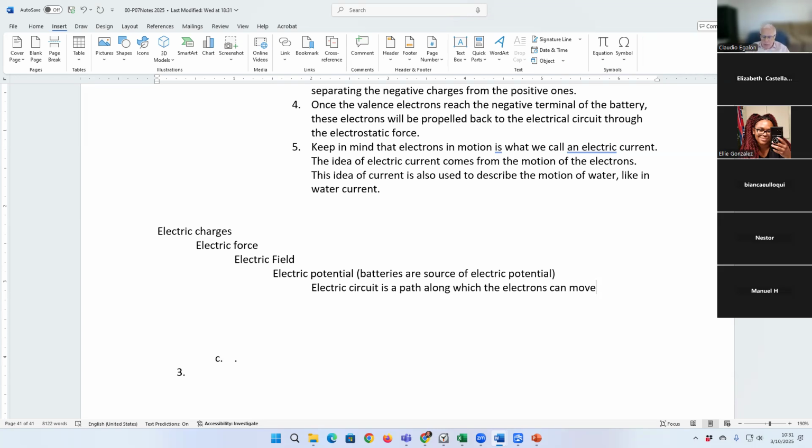And now we are going to have this idea of electric current. And how is it defined? There's a mathematical definition for an electric current.